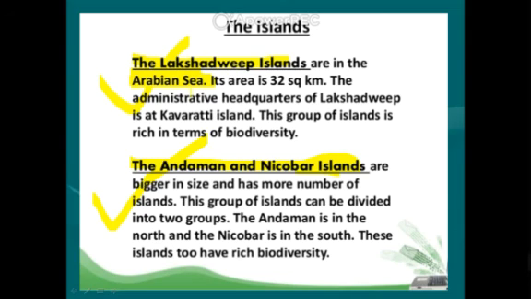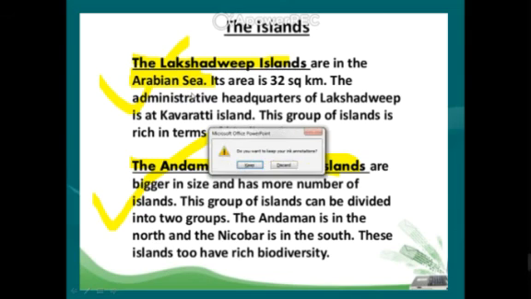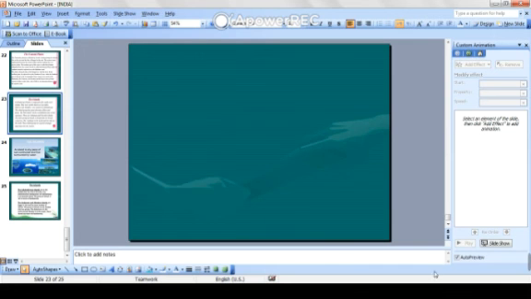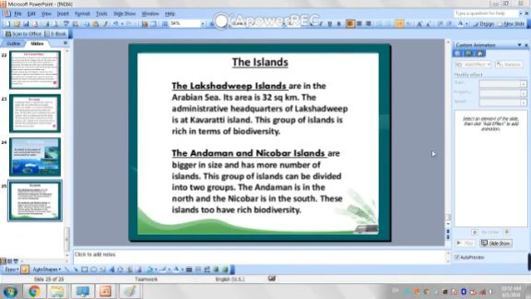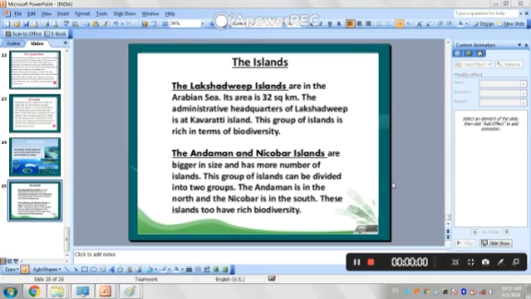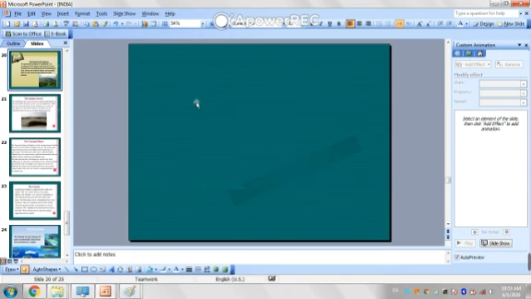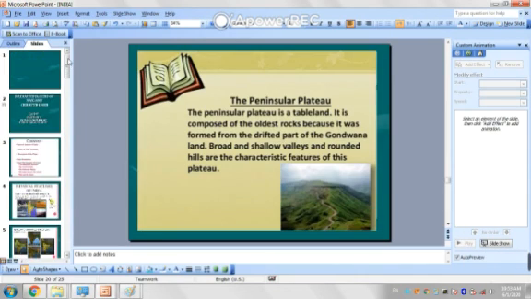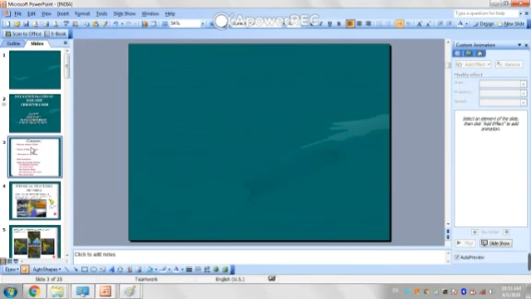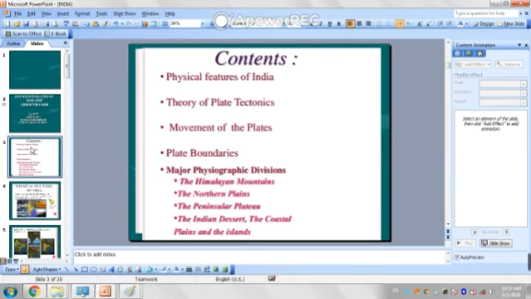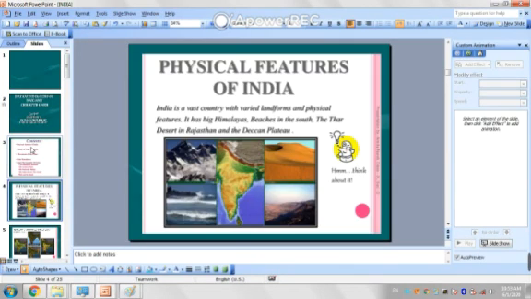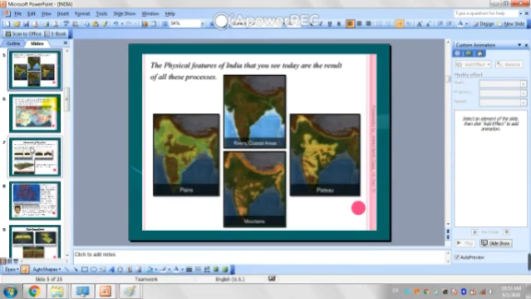So these are the important physical structures of India. We will revise these physical structures one by one. We will cover the important topics of class 9, so just revise your portion one by one. I am starting from your contents portion. This is your content, and we also covered the physical features of India: plains, plateaus, mountains, rivers.